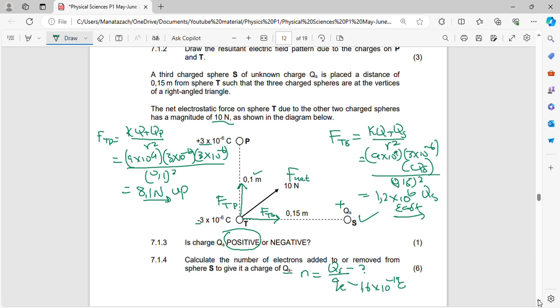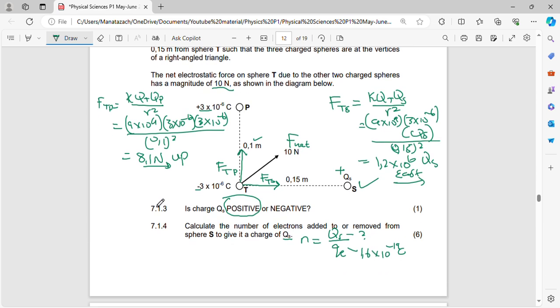Now that I've got these two forces, I can reconcile it to the resultant force. The resultant force is 10 Newton. Or I can rewrite the forces in terms of the head to tail method. This FTP will be going up by 8,1 Newton.